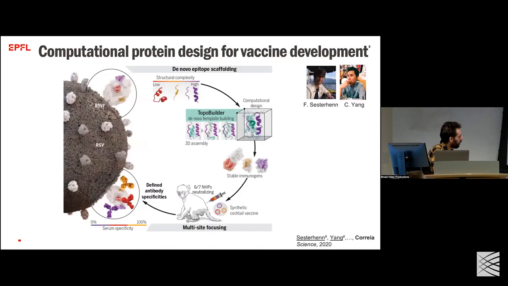Okay, we use this for a number of different purposes, and most notably, we have used this to present epitopes in designed proteins. What you see here is an exercise that took us many years to do, but nevertheless, I will just summarize it in like 3 sentences.